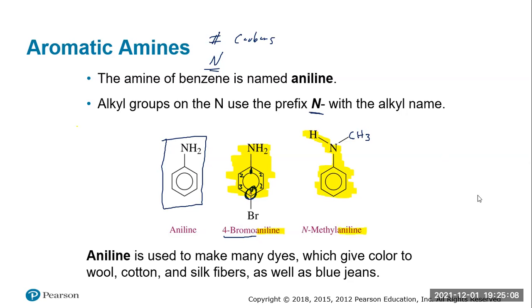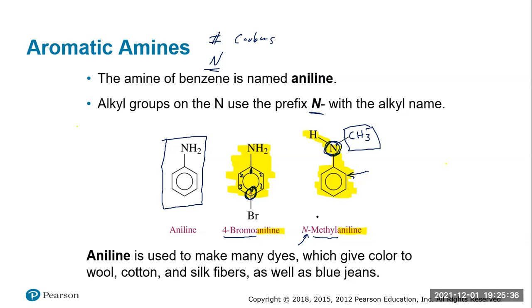And in this particular case, our group that's attached, which is our methyl group, is not attached to the carbon, it's actually attached to the nitrogen. So that is why we use the N here to say that that group is attached to the nitrogen, and it is obviously a methyl group here. So that would be N-methylaniline. Any questions on that there?